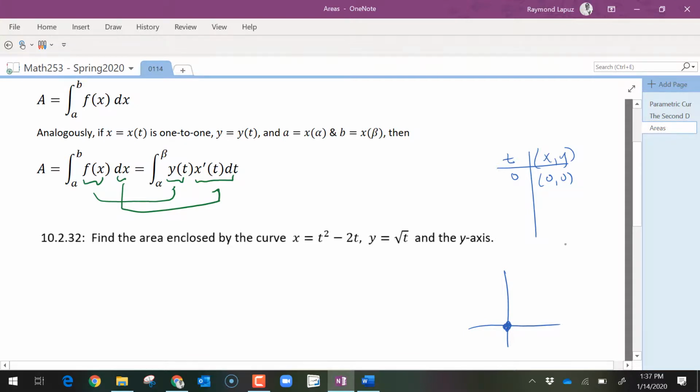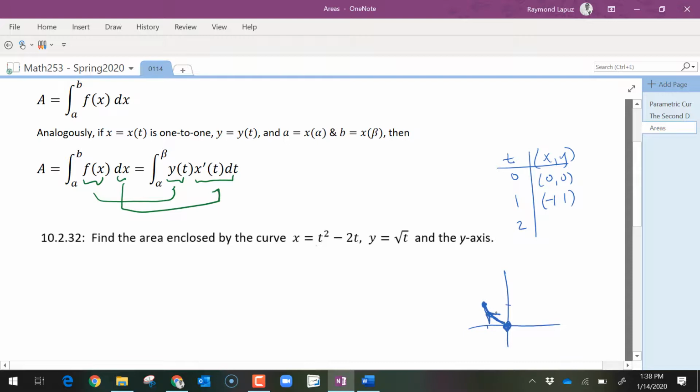Let's try to put 1 in. I put 1 in here, we get 1 minus 2, so that's negative 1. And you put 1 in here, you get 1. So negative 1, comma, 1. So we're over here somewhere. And let's try to put 2 in. It looks like it's moving this way, right? Maybe.